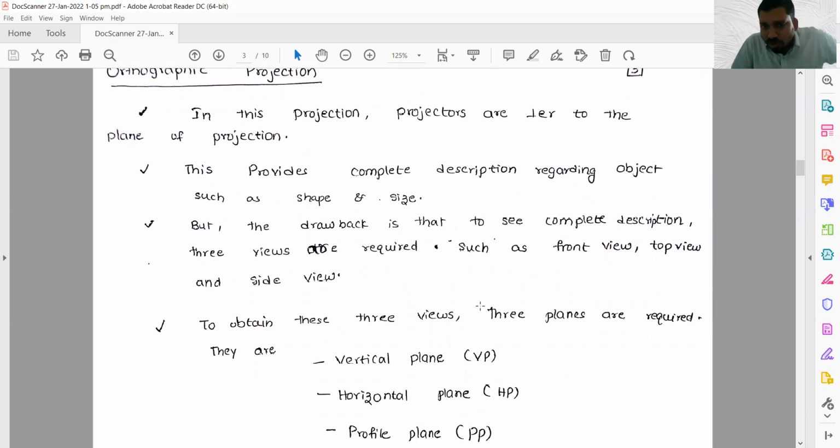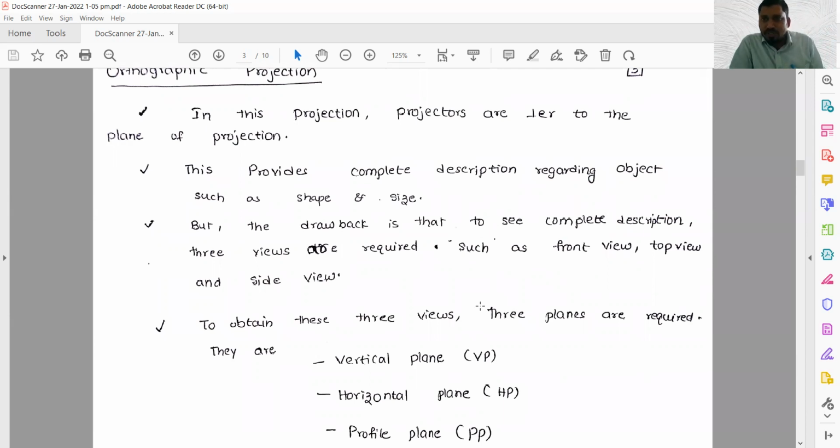The horizontal plane view is called the top view. The profile plane view is called the side view. So these 3 views, the observer finally gets in orthographic projection to understand clear information regarding the object.